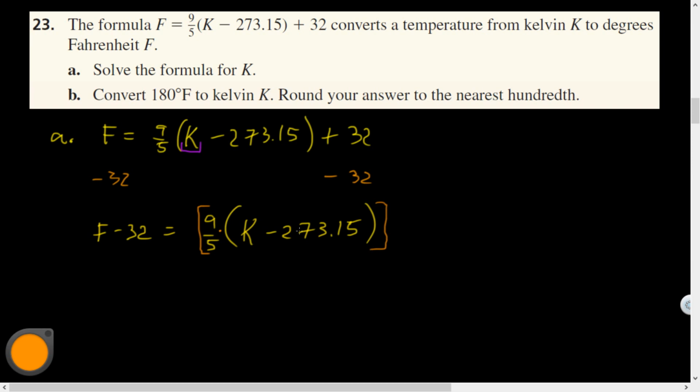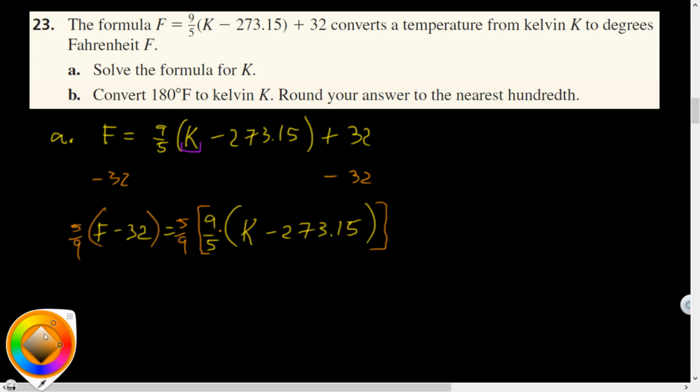So let's multiply both sides by 5/9. Reciprocal, just sometimes I call it the refliprical, if we're just flipping it. That's all we're doing. And notice how beautifully this cancels out, eliminates two things in one move, which is pretty great. And we're getting a little bit closer to getting K by itself.